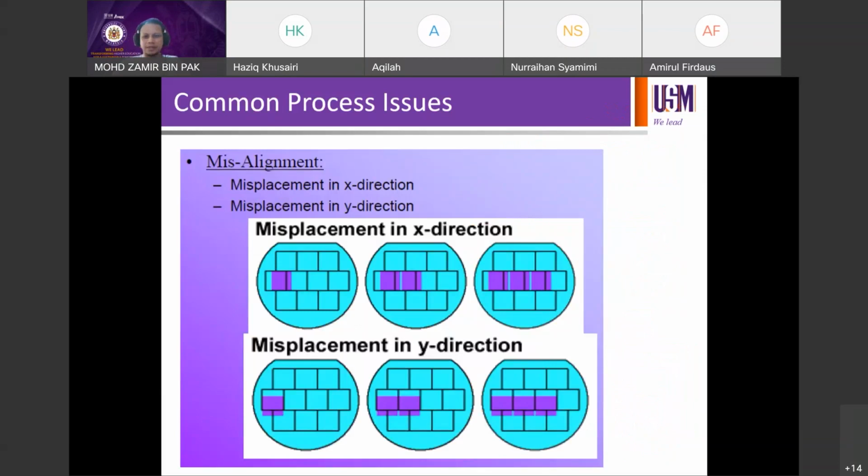So another problem is misalignment. Misalignment in X, Y, theta. It can be X, it can be Y, depending on how you define X, Y. It can be a mixture of a couple of axes, say X off, Y off, theta off, and something is really wrong with your exposure process.